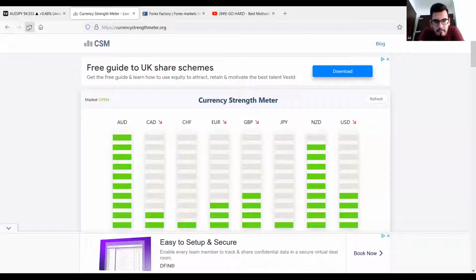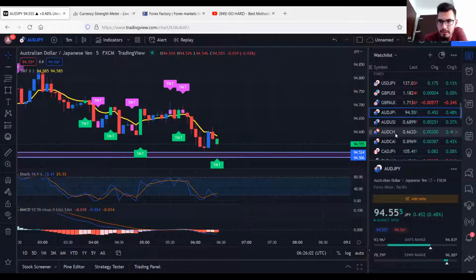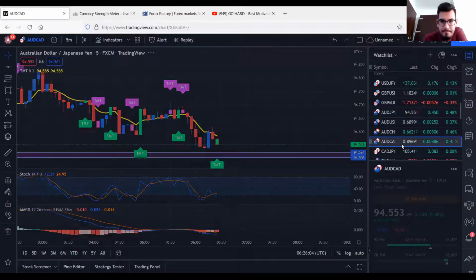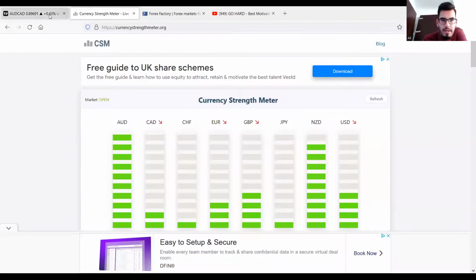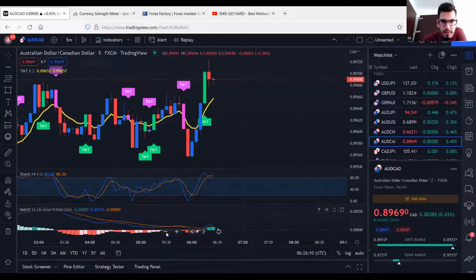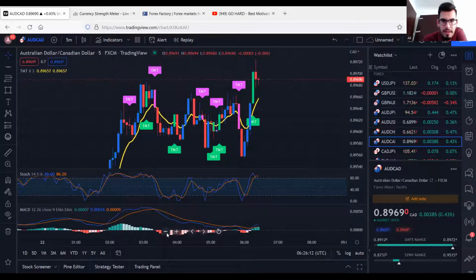What else can we look at? Let's try AUD/CAD. It's an interesting pair. Oh, look at it here. That is an interesting area. This could be a very nice pullback, but I already made the move.